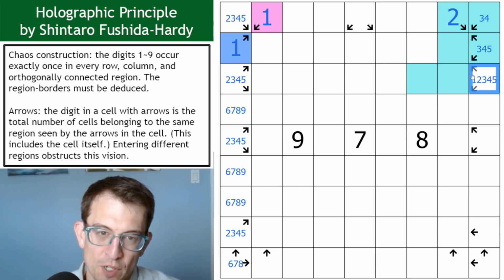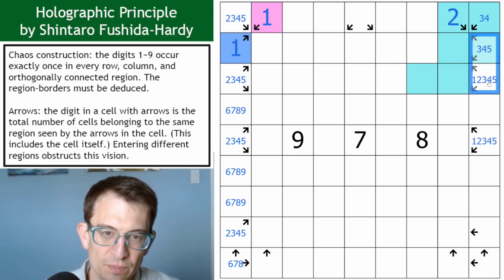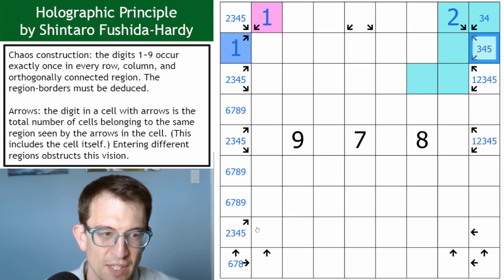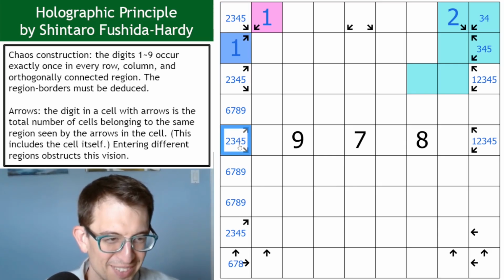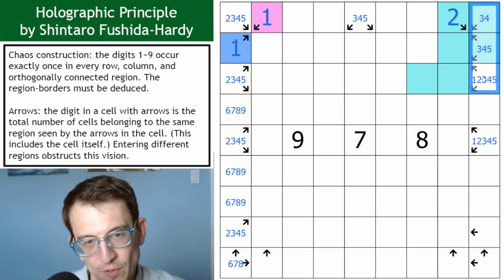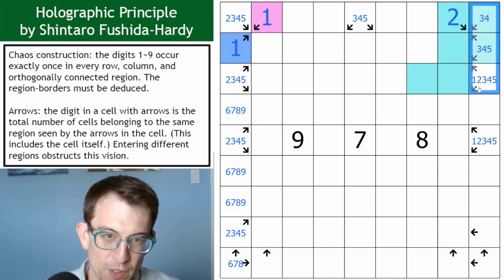So if this were part of blue, this would be a 3, 4, 5 triple. And this is 1, 2, 3, 4, 5 as well. Because any cell, any arrow, any cell that only has diagonal arrows can't be more than 5. That is kind of what I think I proved over here. So if this is a 3, 4, 5 triple, so if this is part of blue, this is a 3, 4, 5 triple.